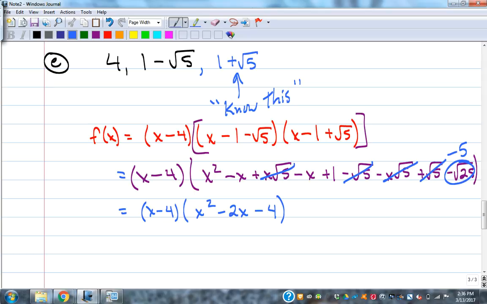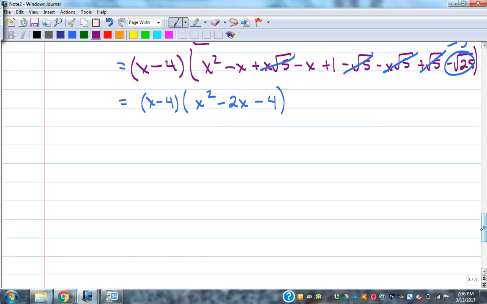Now all we got to do is multiply by x minus 4. That's not too bad. X to the third, 2x squared, minus 4x, minus 4x squared, plus 8x, plus 16. Simplify.